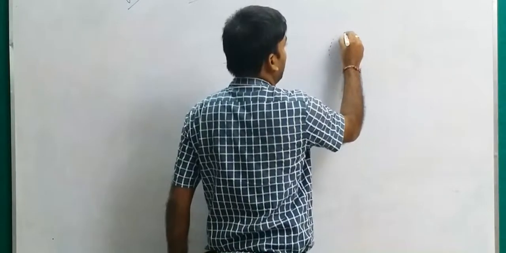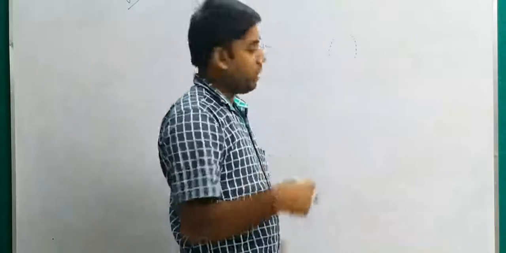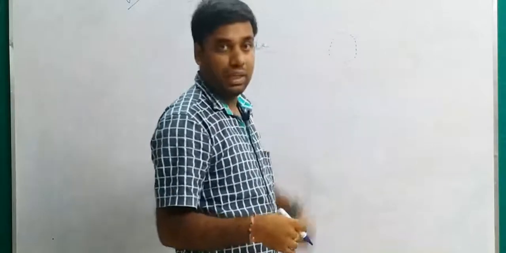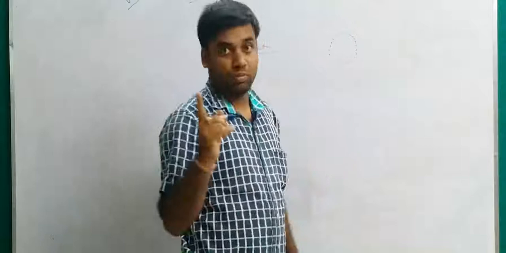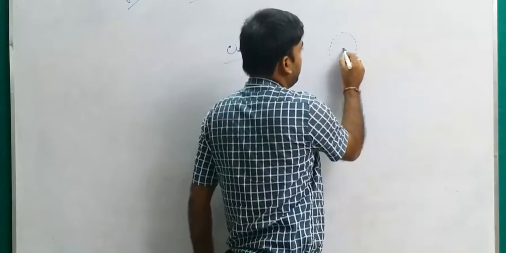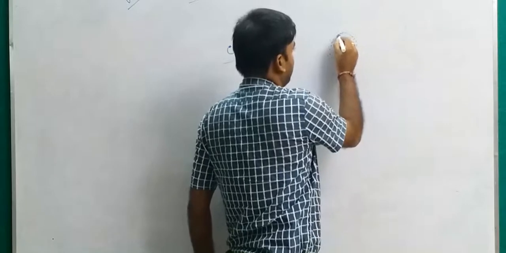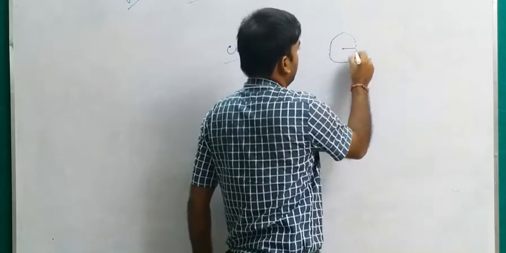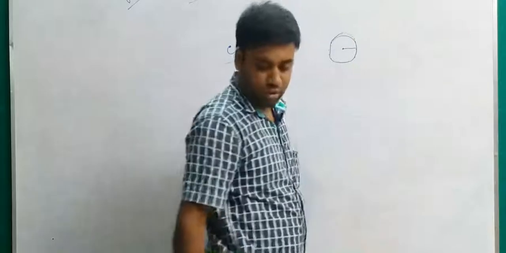These are the points, and if I add these points, we will get the circle, and from a fixed point the distance of every point is the same. That is the definition of a circle.